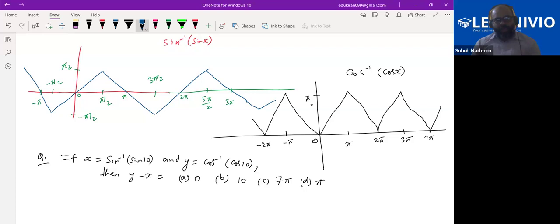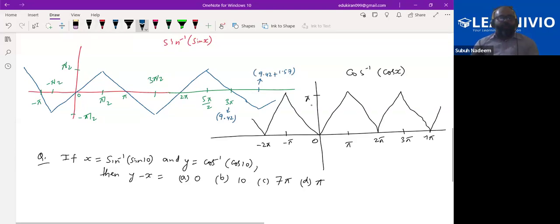If you see this sine inverse sine x graph, 3 pi is 3 into 3.14, that is approximately 9.42. And the next value will be 3 pi plus pi by 2, because this increase of pi by 2 is there. So it will be approximately 9.42 plus pi by 2, that is 1.57. So it will be greater than 10, obviously.